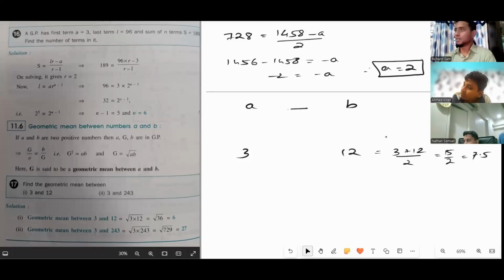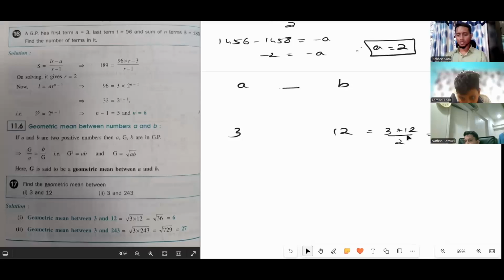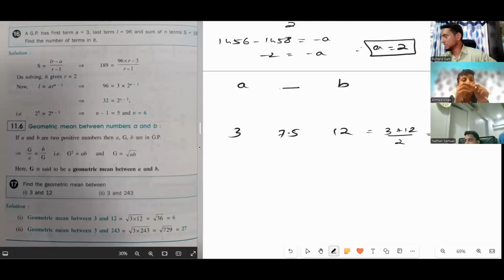Here you're not finding arithmetic mean, you're finding geometrical mean. Arithmetic mean means there is a common difference between all these three terms. But geometrical mean means you will find a common ratio between the three terms. So if your first term is 3, and the second term is G, our aim is to find G, the geometrical mean.